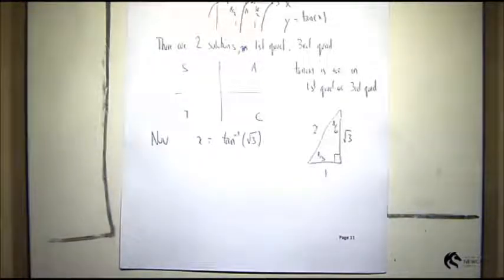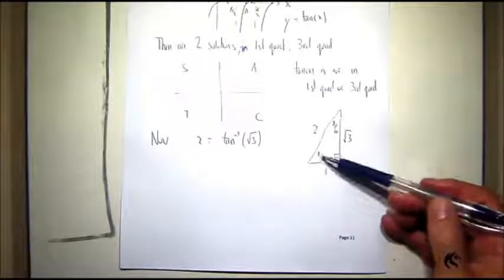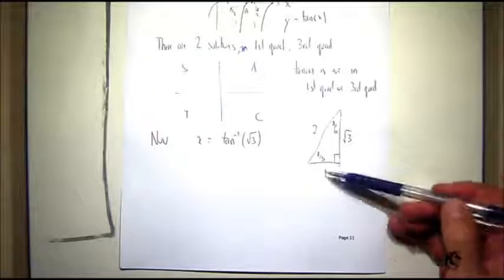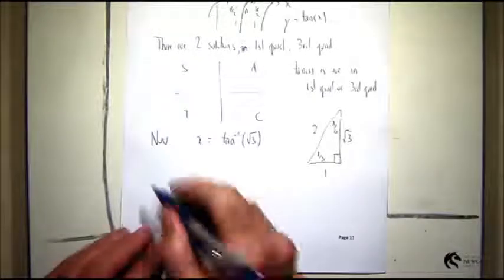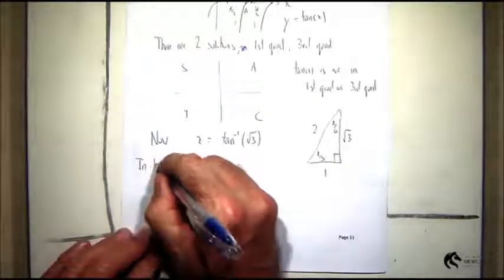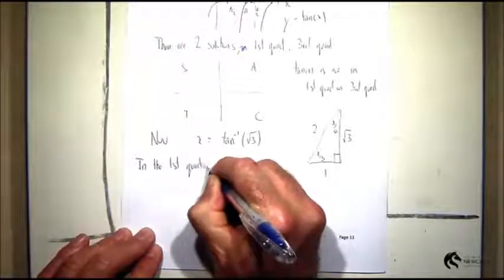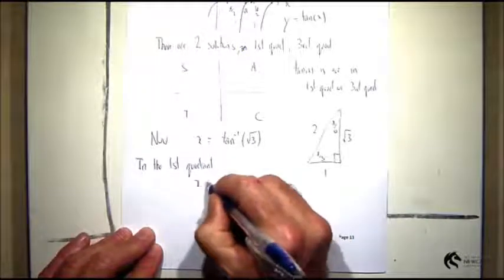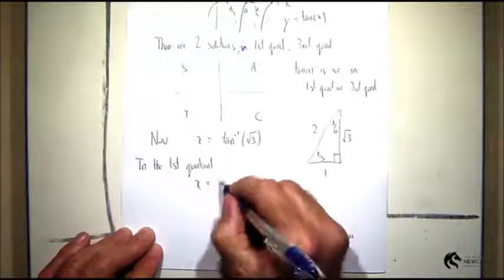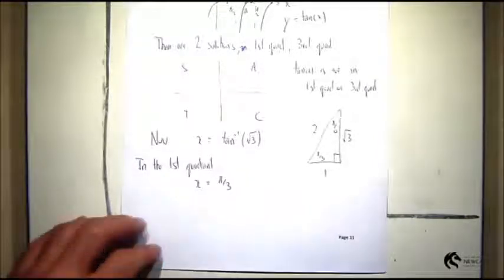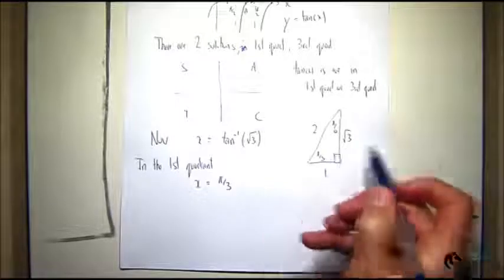And so, what angle has as its tan root 3? This angle here, pi on 3. Root 3 divided by 1. So I can say, in the first quadrant, x is in fact pi on 3.